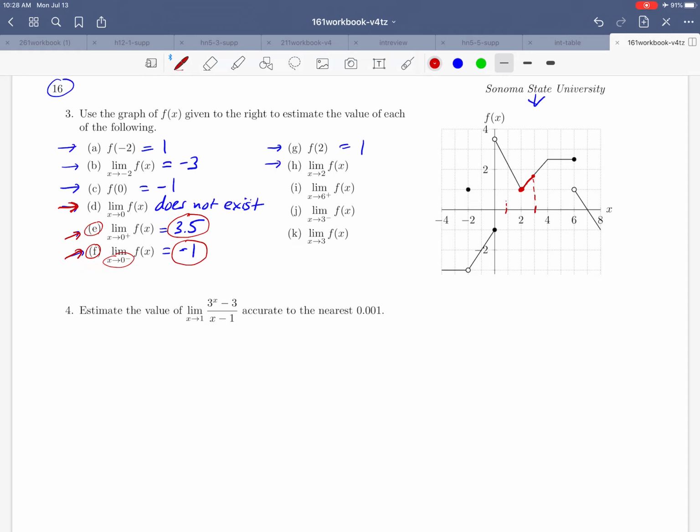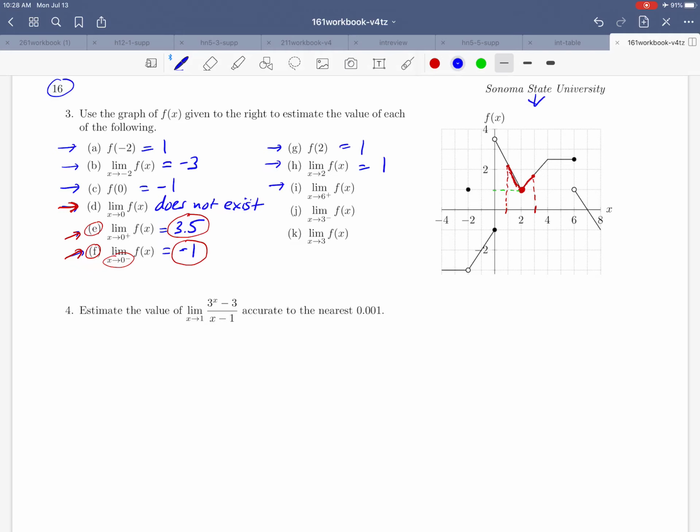And if we did that on the other side of 2, took a number that's a little less than 2 and slid towards x equals 2, notice that the y values are approaching that same point here, and its y value appears to be 1. Okay, so that two-sided limit looks to be 1. We were approaching the same point from both sides.